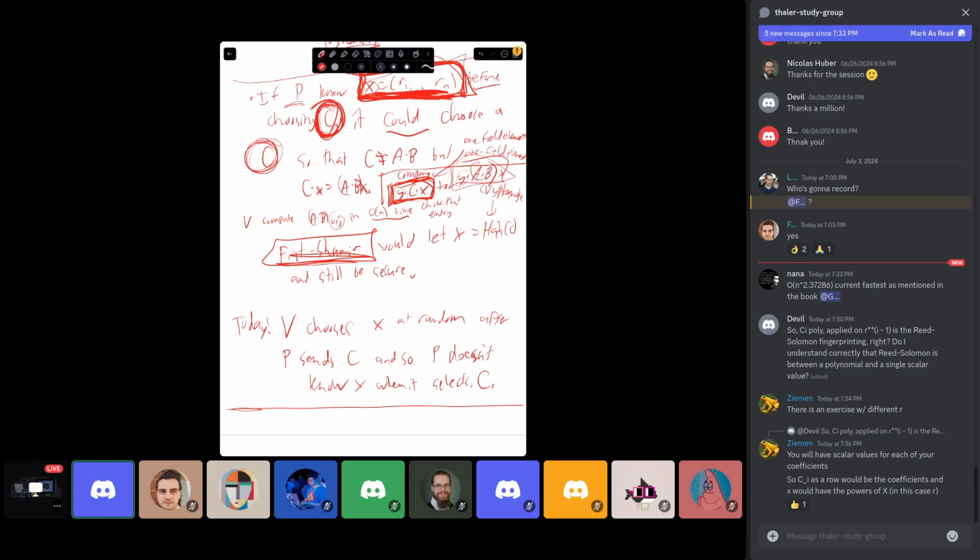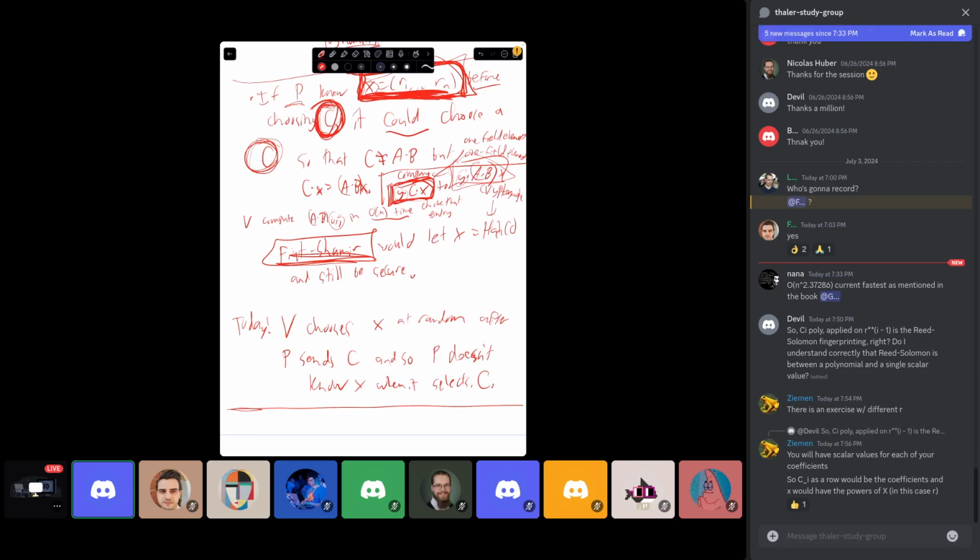Yeah. Is it okay to say that in this last approach, we are going from the function to committing to the function? Well, there's no cryptography here.